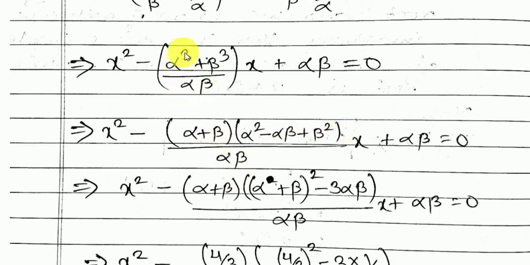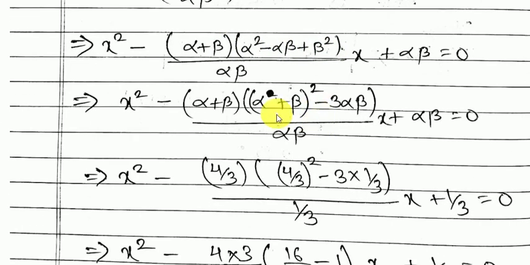This has been written by the formula that a cube plus b cube is equal to a plus b in bracket a square minus ab plus b square. So here I got alpha plus beta, but this you still have to simplify. Do some manipulation, so you get alpha plus beta whole square minus 3 alpha beta.